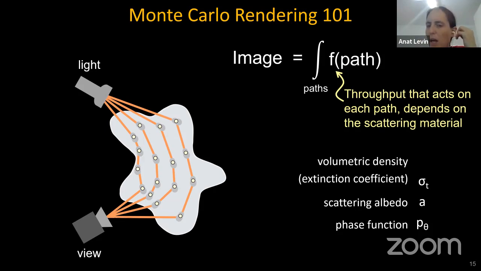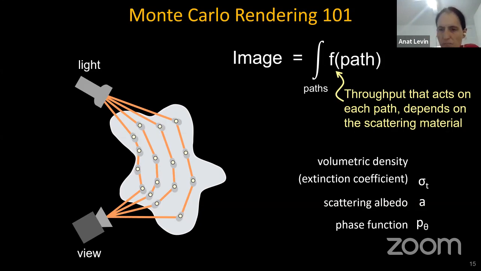The phase function describes how much energy is scattered to different directions when light hits a particle. So given this statistical description, you can compute the throughput, and to compute the image, you need to average the throughput over multiple paths.